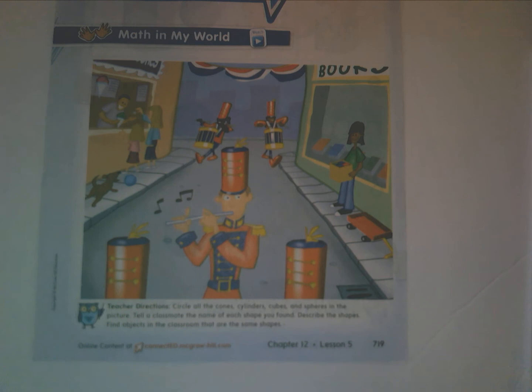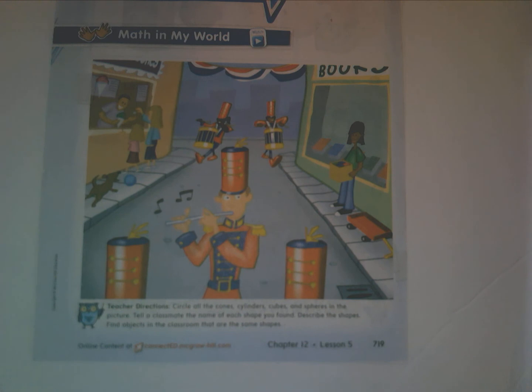Look at the band players. They've got some cylinder shapes on their heads, and the drums are shaped like cylinders too, aren't they? Then I want you to look and see if you can find any cone shapes. Kind of like a triangle, only 3D. Find some cone shapes.